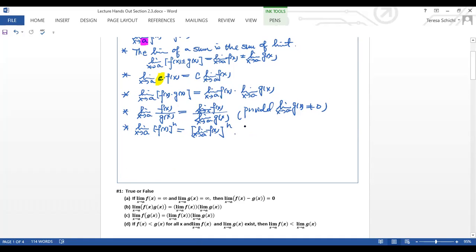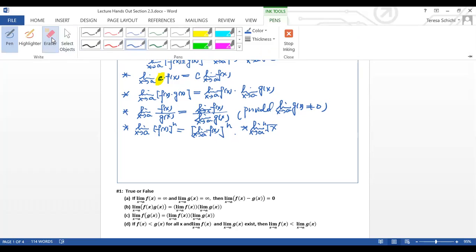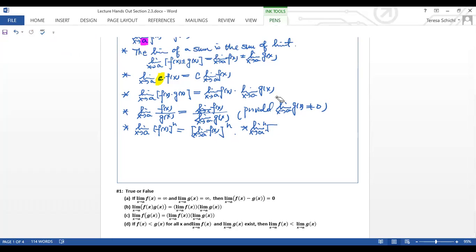So in the same way here, you can say, limit as x approaches a, and if I have the nth roots here, not just x in general.